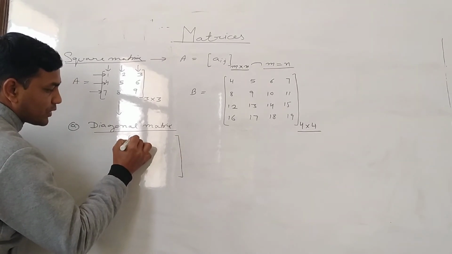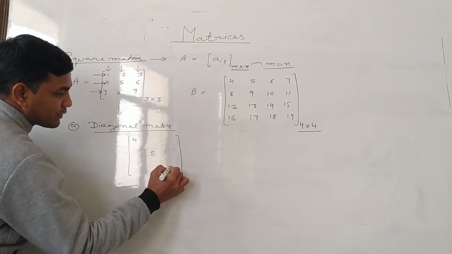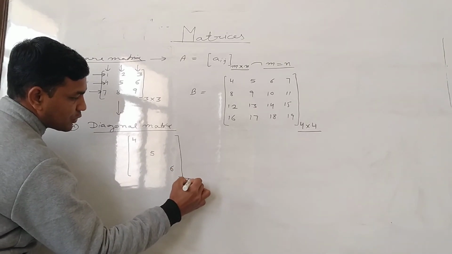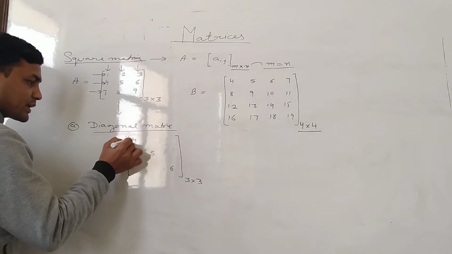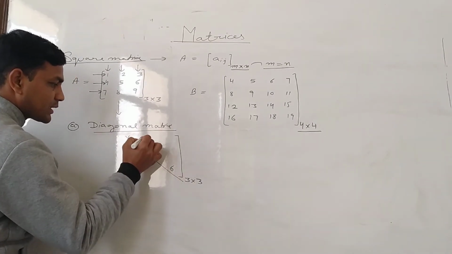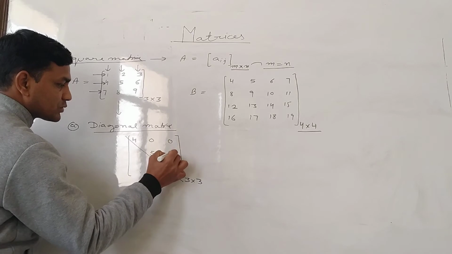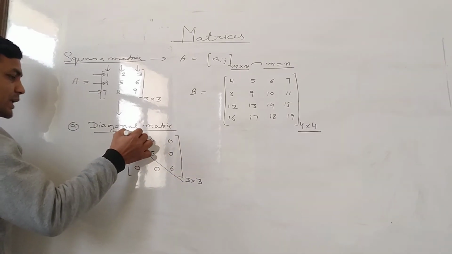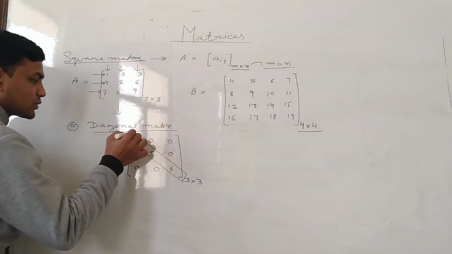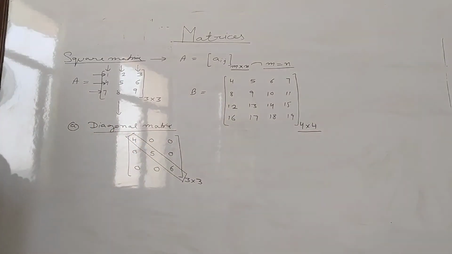It means 4, 5 and 6. This is a matrix of order 3 into 3, in which only the diagonal elements, the principal diagonal, are present and the others are 0, 0, 0, 0, 0 and 0. Then the matrix is known as a diagonal matrix.